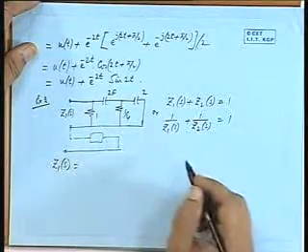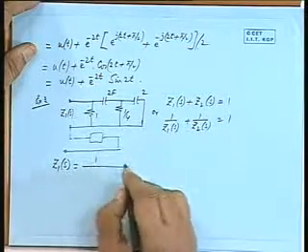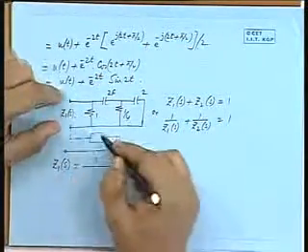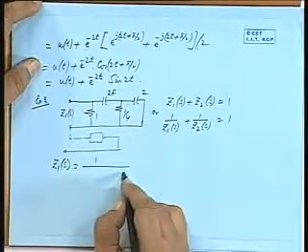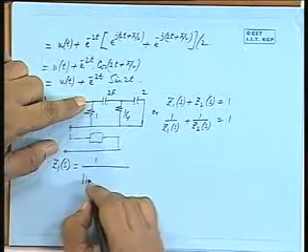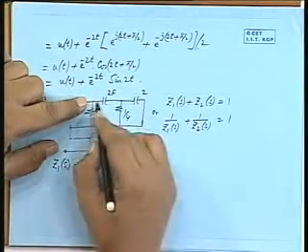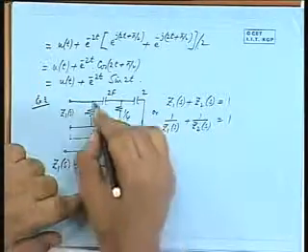Ladder synthesis you have seen. Can we try from there? It will be 1 by, if this is ZS, then what is the admittance? 1 by ZS. It starts with 1 mho, 1 plus, again impedance. This will be an impedance.